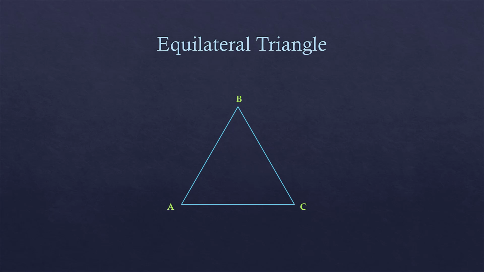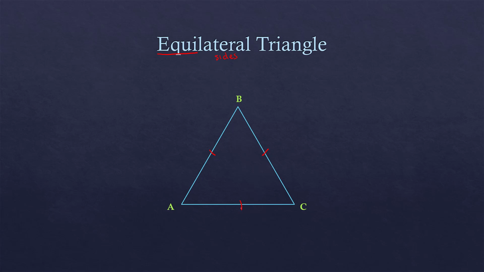So equilateral means equal, and lateral means sides. In other words, this is a triangle with three congruent sides. We can mark that by putting little tick marks on each of those sides.